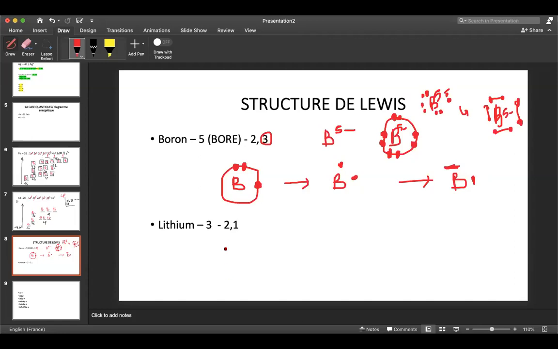So the same applies for lithium. Lithium will be Li with only 1 electron, which we are representing with the line like a lithium.